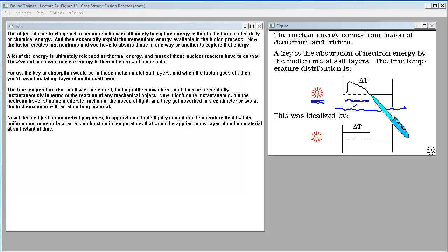I decided, just for numerical purposes, to approximate that slightly non-uniform temperature field by this uniform one, more or less as a step function in temperature, that would be applied to my layer of molten material at an instant of time.